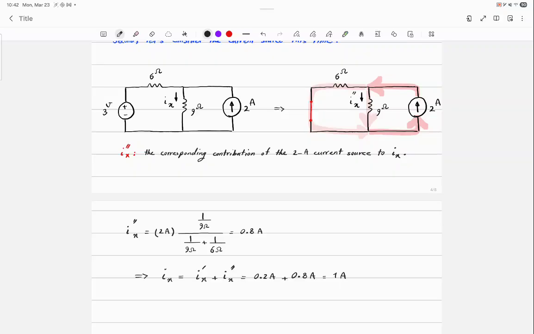But I also gave you another formula, which is what electrical engineers usually use, and this is the equation. The 2 amps is the same. Instead of dealing with the inverse of the resistors, I deal with the resistor in the other branch. That's why I write it as 6 ohm divided by 9 ohm plus 6 ohm. They both give you the same number.